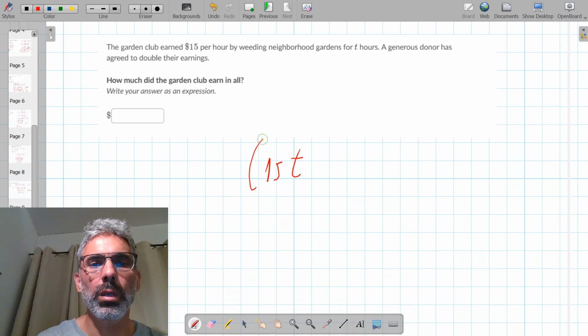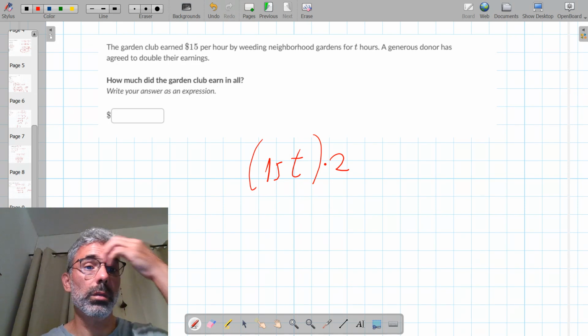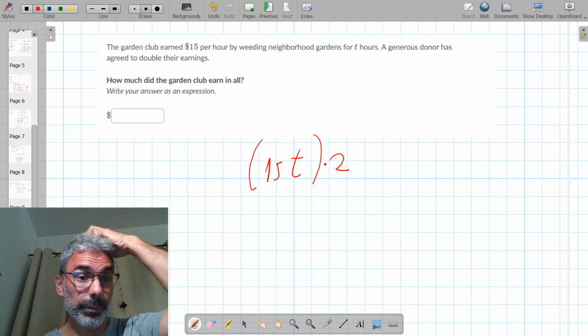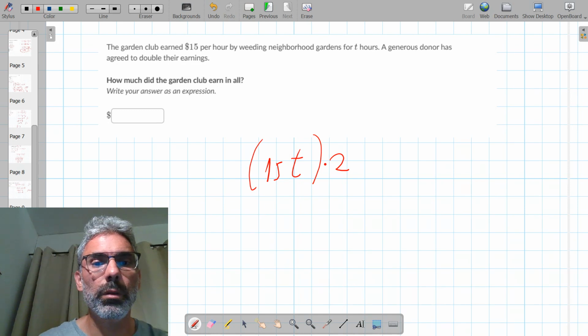Okay, so these are their earnings. We need to multiply it times 2. 2 times 15t.